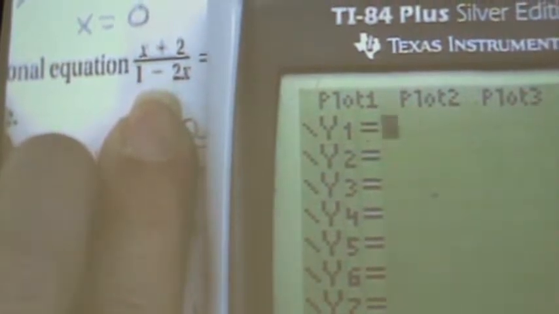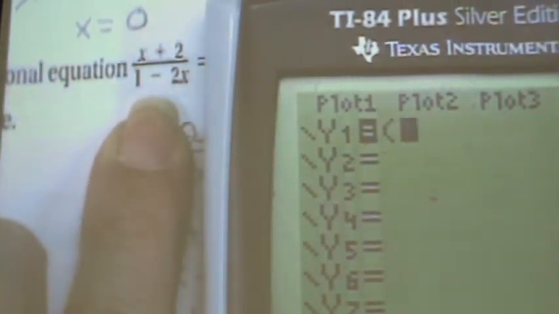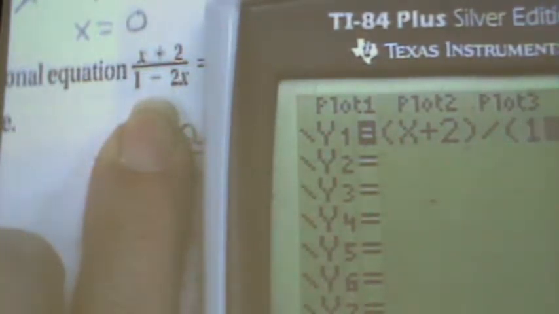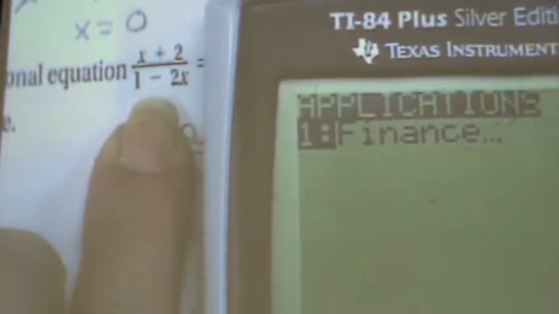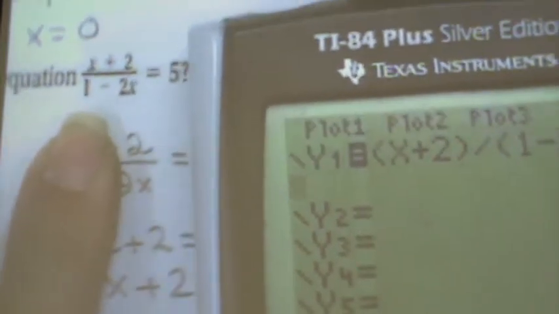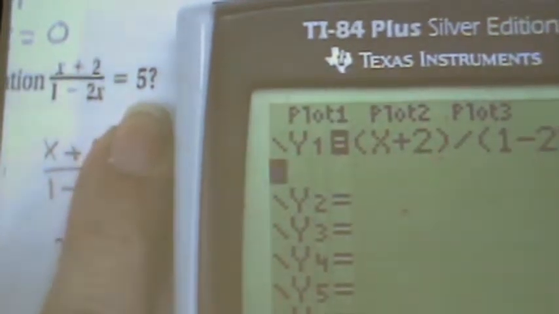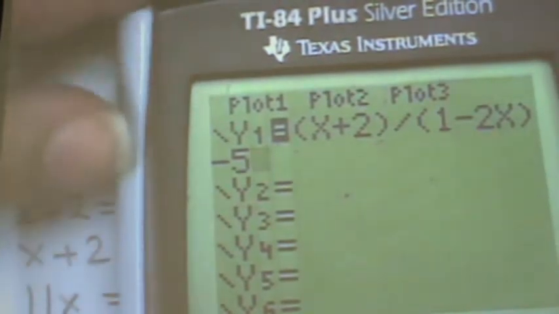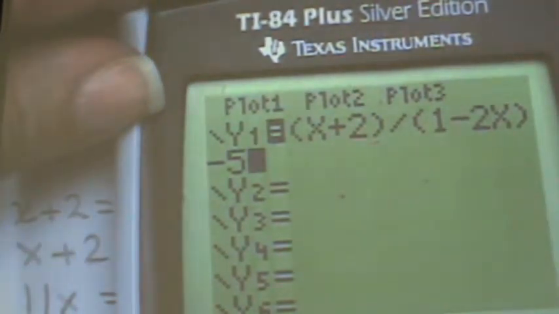So you're going to do a parenthesis, x plus 2, divided by parenthesis 1 minus 2x. Now, I need to bring this 5 to the other side. So I'm going to subtract 5 and hit graph.